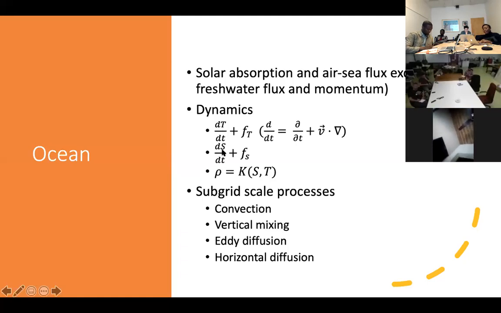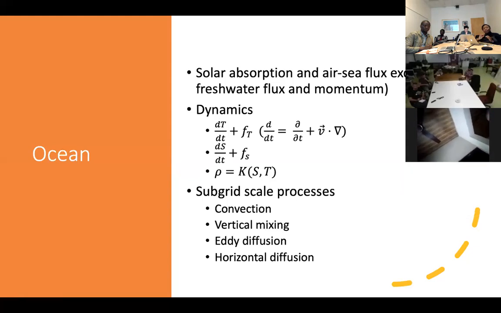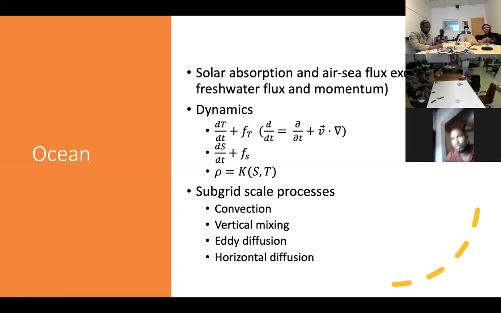And then there are so many other subgrid scale processes that are not resolved by these equations, like convective mixing at the high latitudes, vertical mixing between the ocean density layers, horizontal diffusion by eddies, and also eddy diffusion along isopycnals.